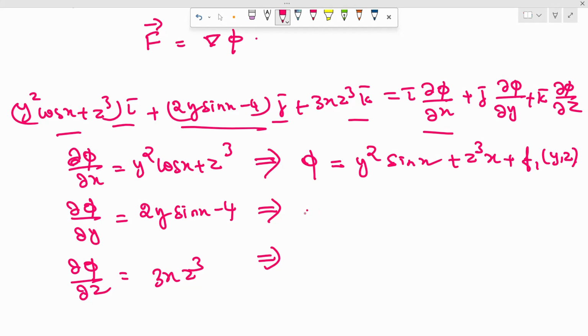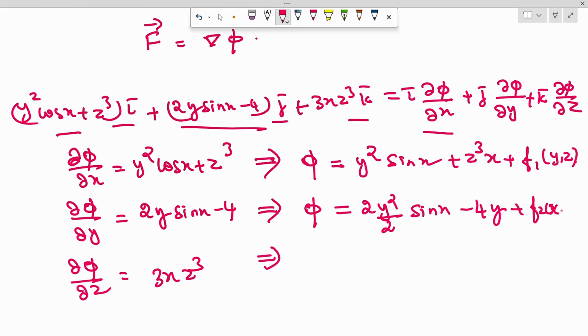Here integrate with respect to y, phi is equal to 2y square by 2 into sin x. Here sin x constant, minus 4y. Okay. Plus f2 of x comma z. Here x and z are constants.